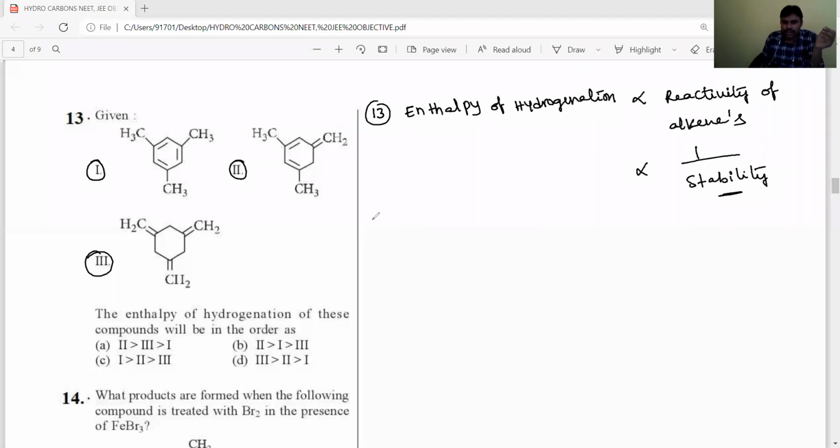And we know very well that cyclic conjugated double bonds, DB meaning double bonds, cyclic conjugated double bonds are more stable.